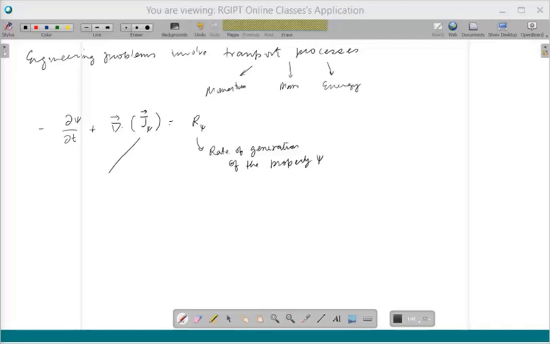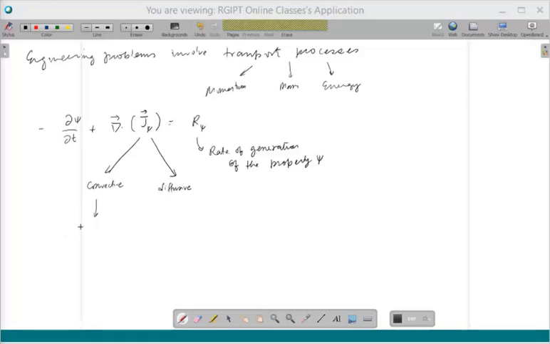Now, we saw that this flux is the overall flux of the property psi. In general, it may consist of two parts: one would be convective, and one would be diffusive. For convective, we have a very simple relation available.